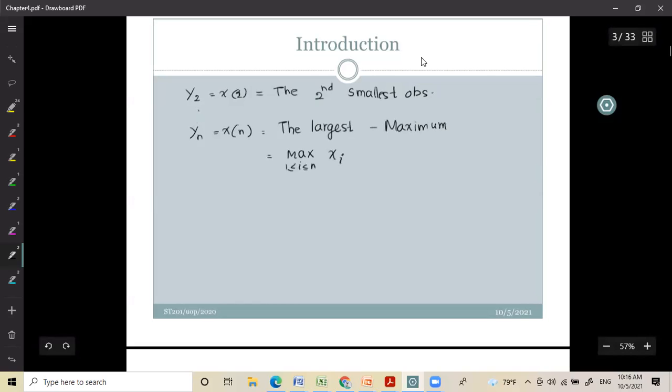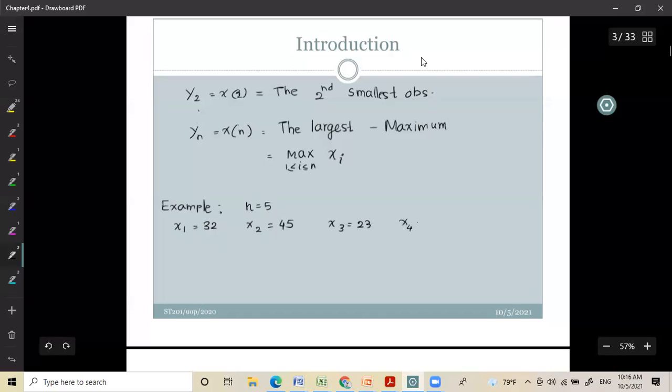Okay, now say for example, look at this small example of size 5. You have a random sample of size 5. X1 is 32, X2 is 45, X3 is 23, X4 is 12, let's say X5 is 40.